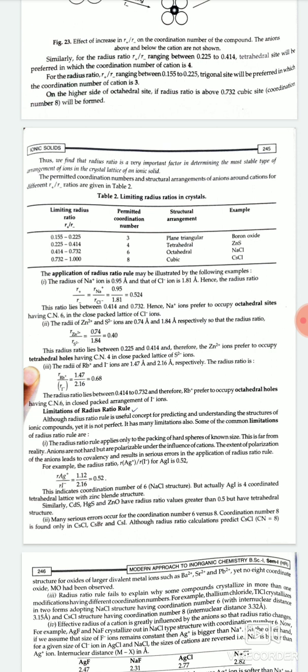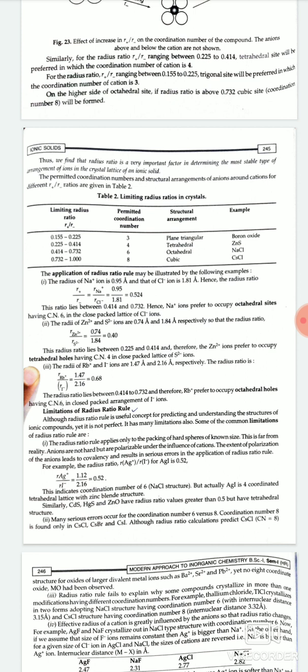Anions are not hard but are polarizable under the influence of cations. The extent of polarization of anions leads to covalency and results in serious errors in the application of the radius ratio rule. For example, the radius ratio r(Ag+)/r(I-) for AgI is 1.12 divided by 2.16, that is equal to 0.52.